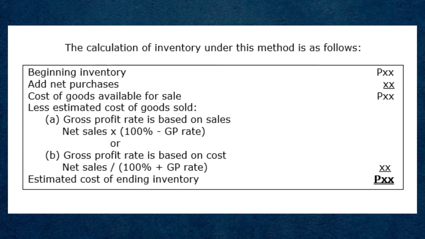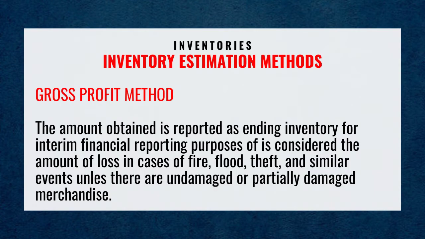The result is the estimated cost of ending inventory. The amount obtained is reported as ending inventory for interim financial reporting purposes, or is considered the amount of loss in cases of fire, flood, theft, and similar events, unless there are undamaged or partially damaged merchandise.